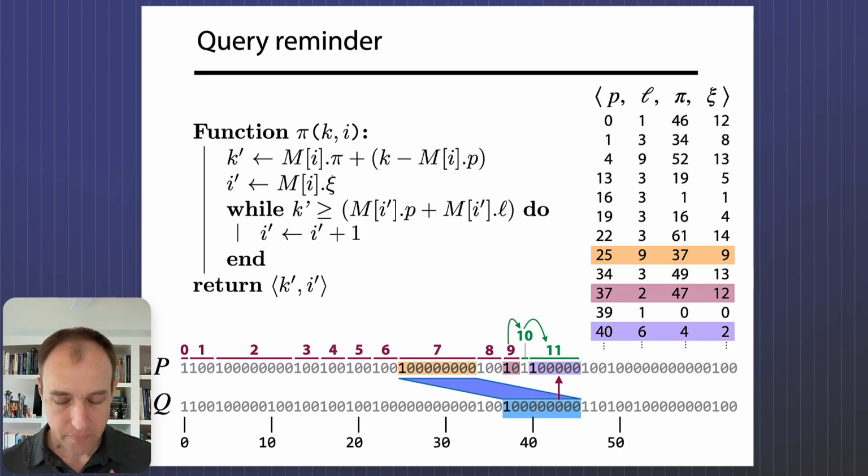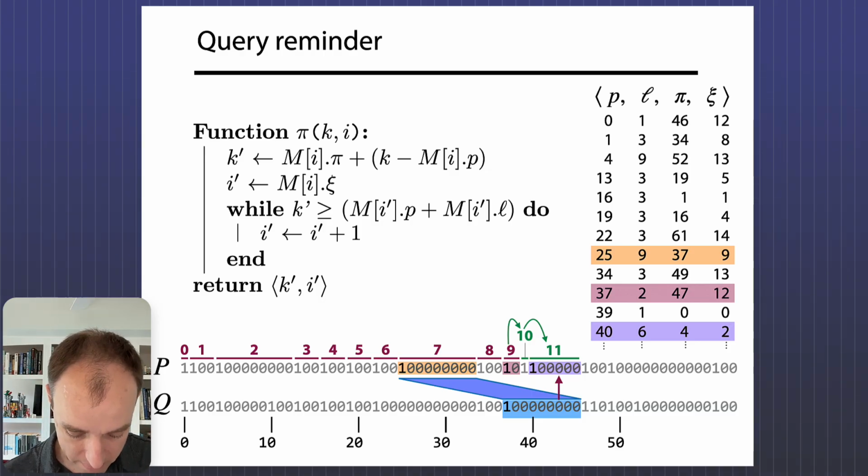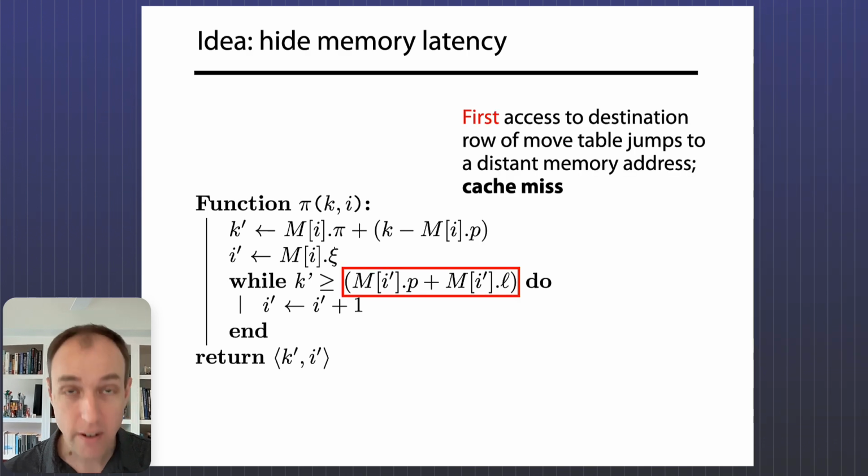Okay. The point being, the memory accesses in this algorithm are really of two kinds. There's the first time we have to access a new row in the move table, a row that is different from the row that we're currently in. It's basically the first time we get to here, right?